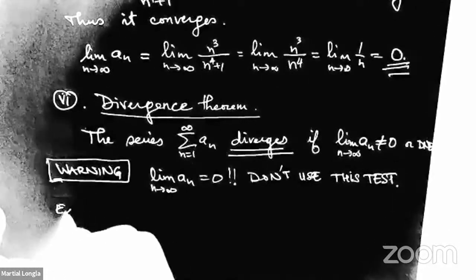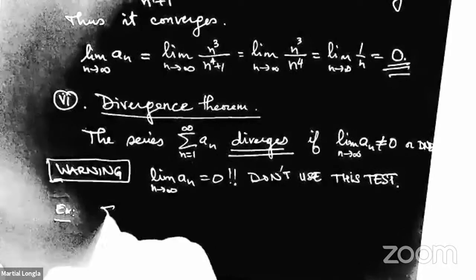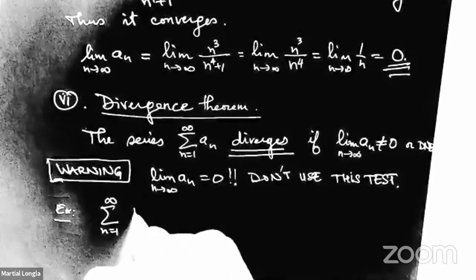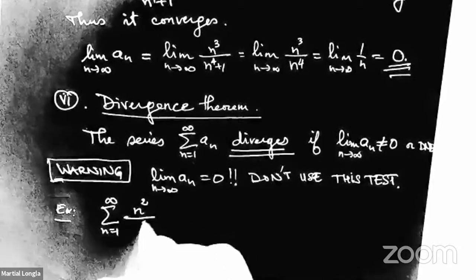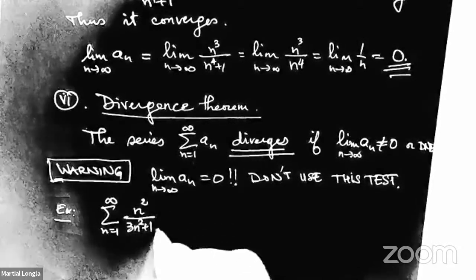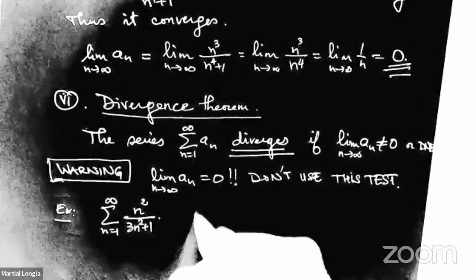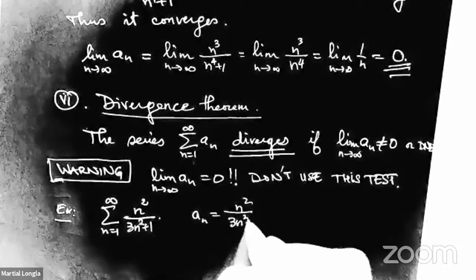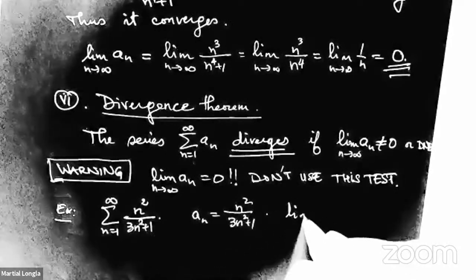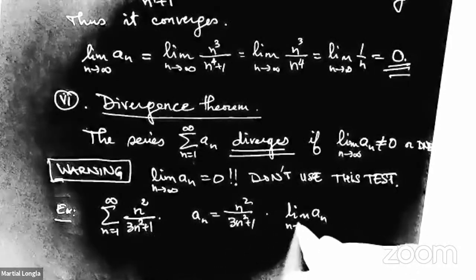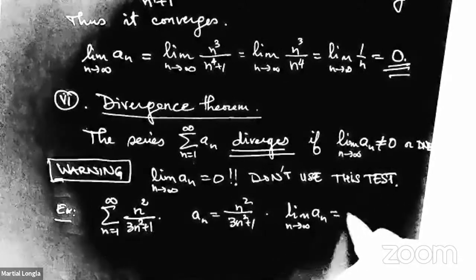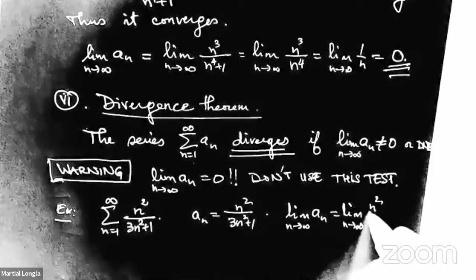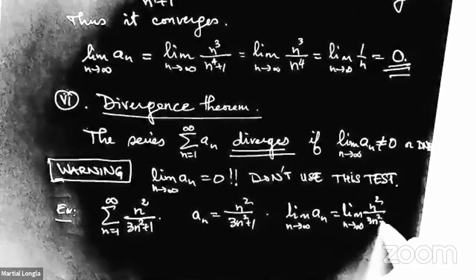Example, you get sum n from 1 to infinity n squared over 3n squared plus 1. a_n here equals n squared over 3n squared plus 1. Limit of a_n as n goes to infinity equals limit as n goes to infinity of n squared over 3n squared plus 1.